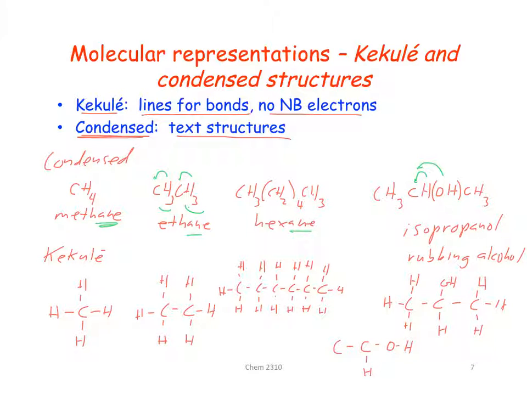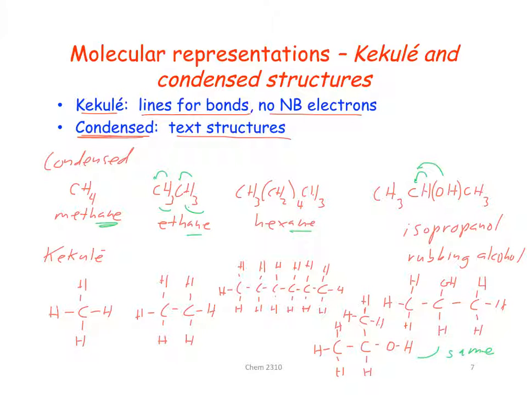Here, I'm going to draw a line in there, like that. What do you think? Is this the same thing, or is it something different? Is it an isomer? These two are exactly the same.